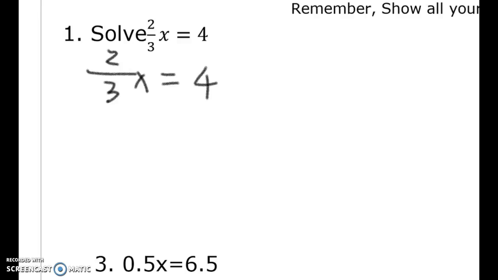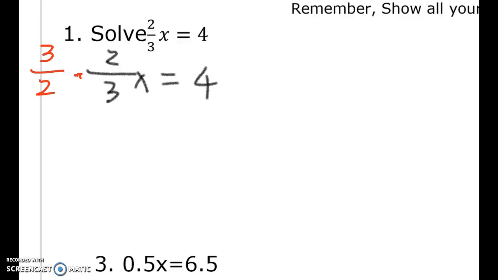As we said in class, when we have fractions, we are going to multiply by the reciprocal. Reciprocal is we take that fraction and put it upside down. Reciprocal is easy. And the reciprocals multiply to be 1.